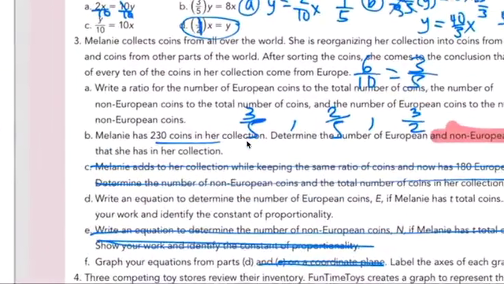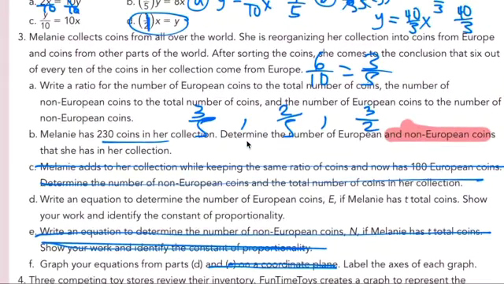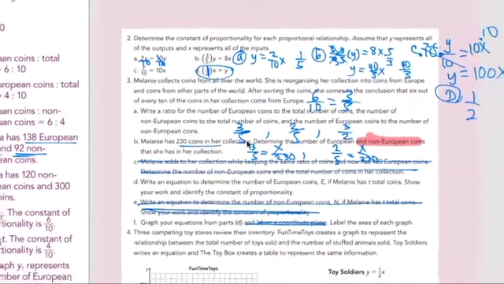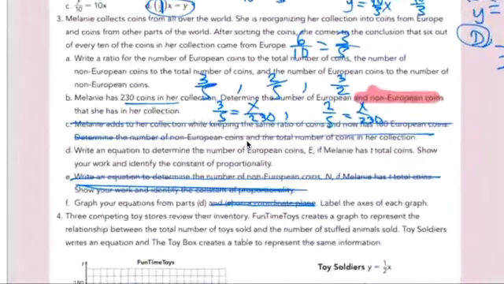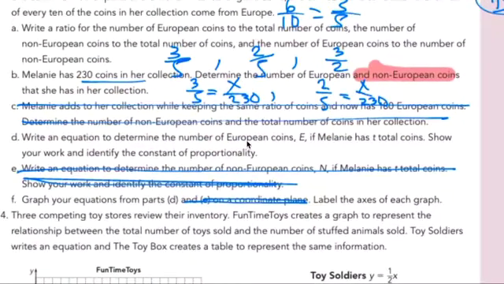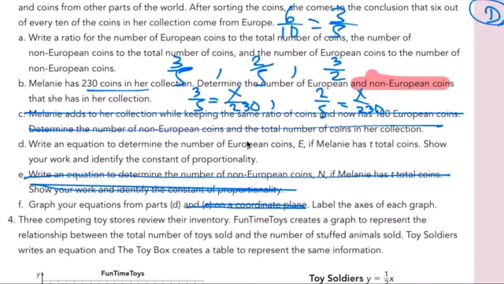For European and non-European coins, you'd put 3 over 5 equals x over 230 for the European coins, and then for the non-European it's 2 over 5 equals x over 230, and you solve it and you should get that answer. On a separate sheet of paper, there's not enough room to do the work here. Write an equation to determine the number of European coins. Y equals 3 over 5x.